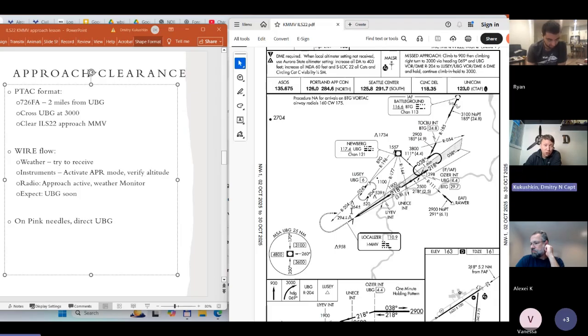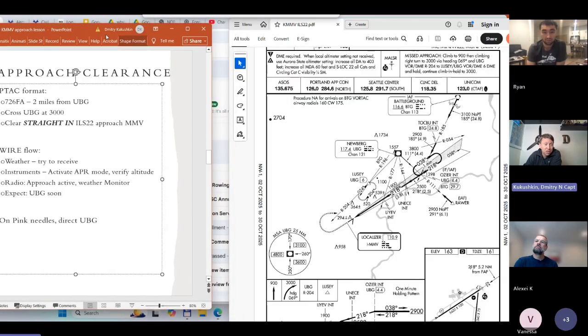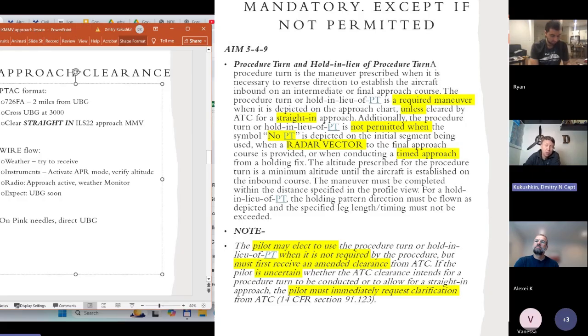Another option is the magic words "cleared straight in ILS 22." Despite being a pretty sharp turn, well, in this case maybe too sharp, ATC can clear you straight in, and that magic phrase straight in exempts you from doing the hold in lieu of procedure turn, in other words, a course reversal.